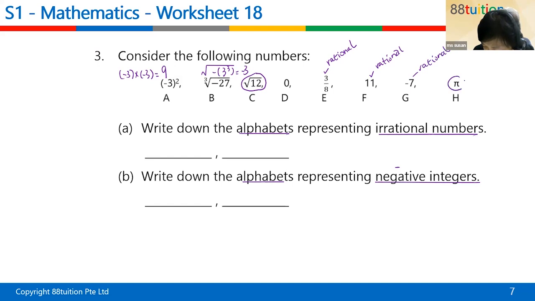Okay, how about pi? If you press a calculator pi, or you work out a 22 out of 7, it will give you 3.14, unlimited. If you go online to check, where do they stop? I tell you, it's unlimited. So this is irrational numbers. Okay, so we have two irrational numbers, C and H. Why? Because A is also rational. Okay, so I write here, rational number.